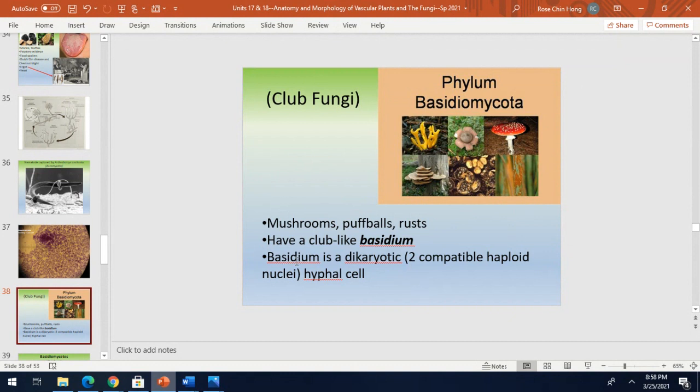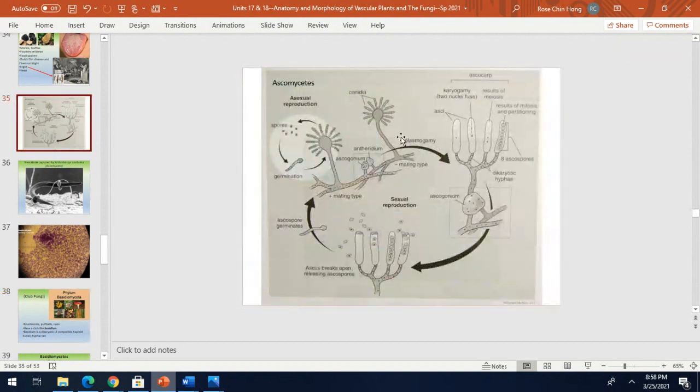So here what we have is Basidiomycota is dikaryotic, the same thing as the Ascomycota, which means they have two compatible haploid nuclei in the hyphal cell. All right. So here, going back to the previous 3 slides, you see how it's dikaryotic here, 2 different kinds of nuclei.